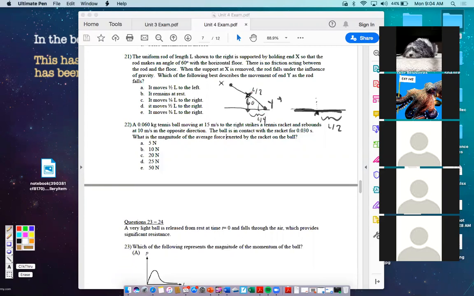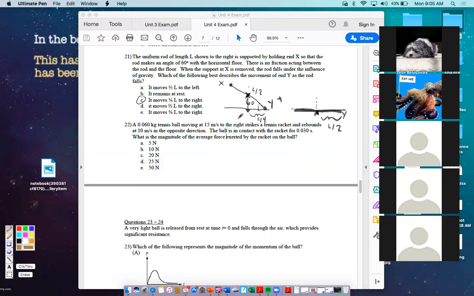But you can see that away from this point, away from where the center of mass falls, that point Y has to end up at L over 2. So it has gone from L over 4 to the right of the floor with respect to the center of mass to L over 2. So that's a shift of L over 4 to the right. So the answer to 21 is C.